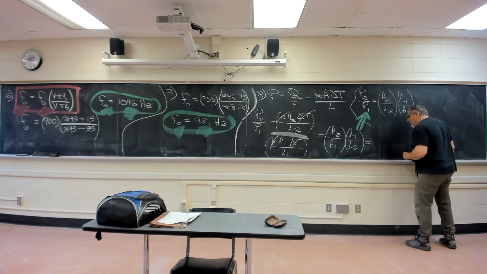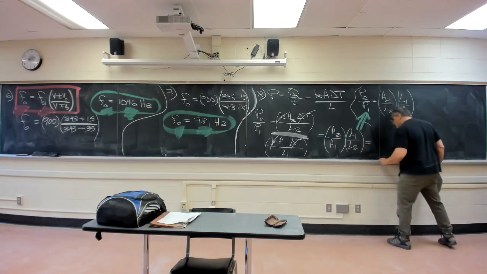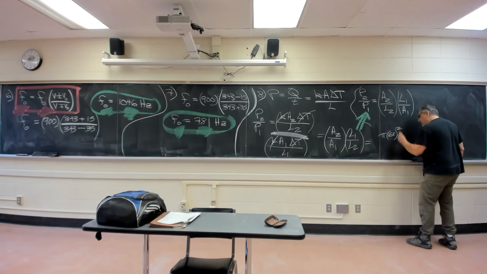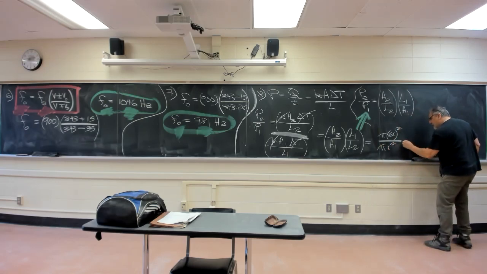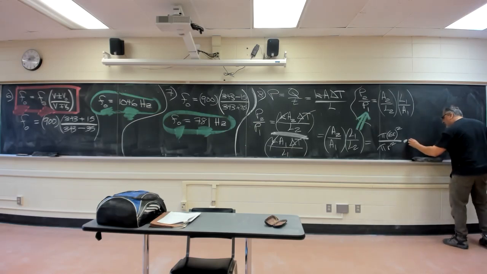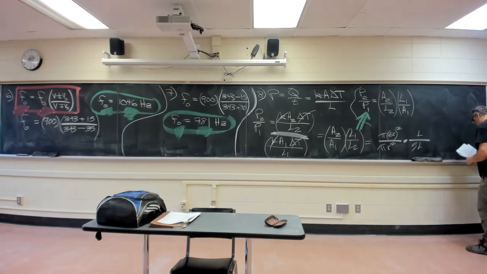So this is 6 times the radius of what the other one was, and the other one's just this. And the length is 5 times longer than what it was originally. That's really the way the whole argument's going to proceed.